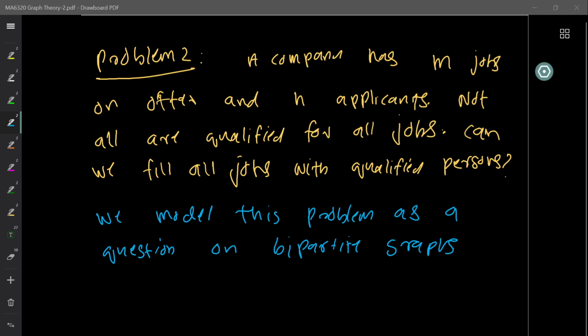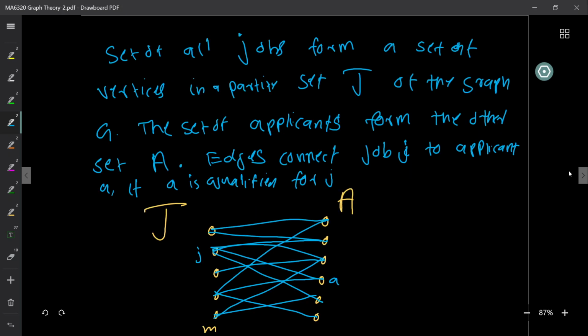One way is to model it as a bipartite graph, in which you represent each job as a vertex on one side of the partition, and all the persons represent the other set. Let's say J represents the set of vertices which represent the jobs, and A represents the set of applicants.